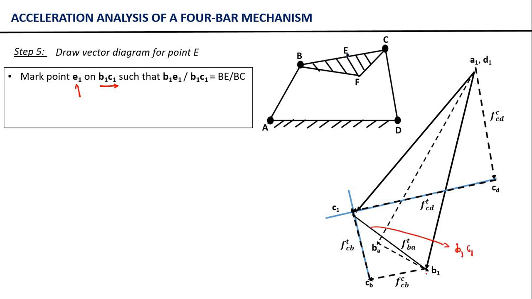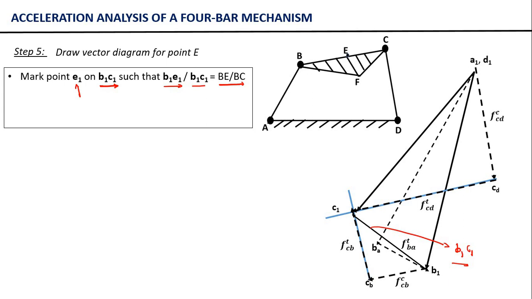Join these two points with a solid line, and you can represent this vector B1C1. Here we know that B1E1 divided by B1C1 should be equal to BE by BC. This is exactly identical to what we did in the case of the velocity vector diagram.